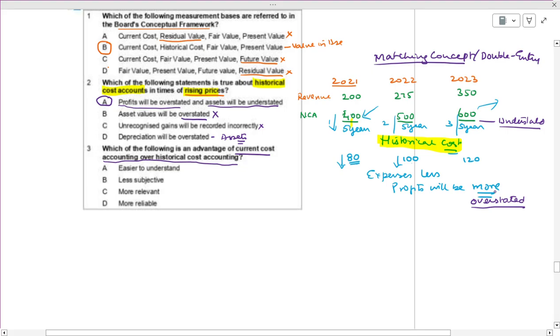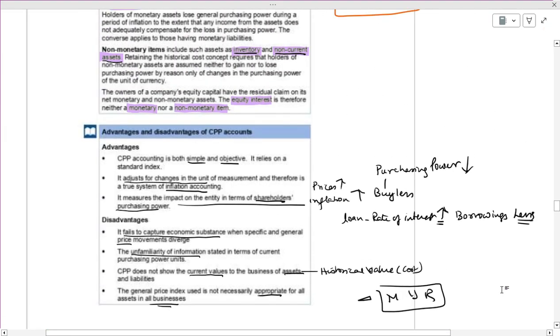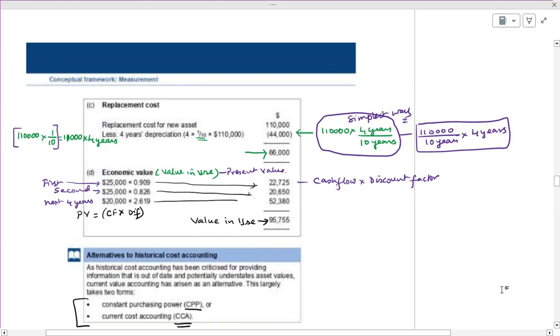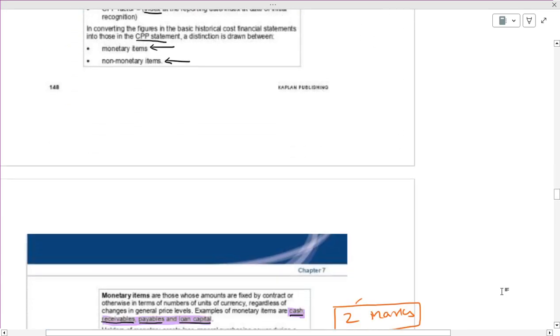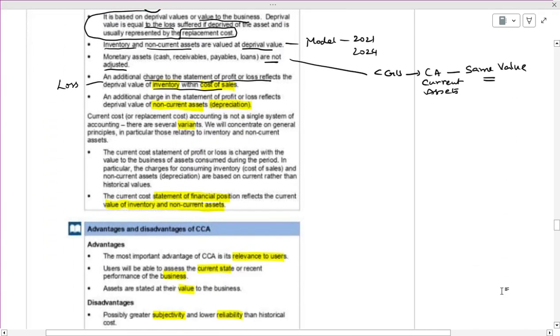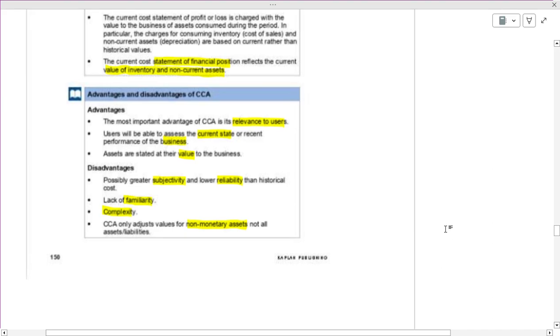Check again, current cost accounting. Page 144, 145. What are the advantages? The important advantage is relevance to the users. Where is easier to understand, my dear?